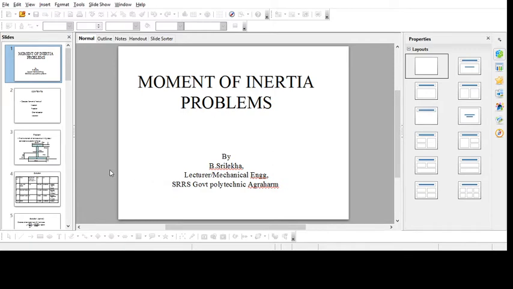You can see here, the area of the first section is 100 into 20, it is 2000, and the centroidal distance we already calculated, 20 by 2 plus 100 plus 20, you'll get 130.